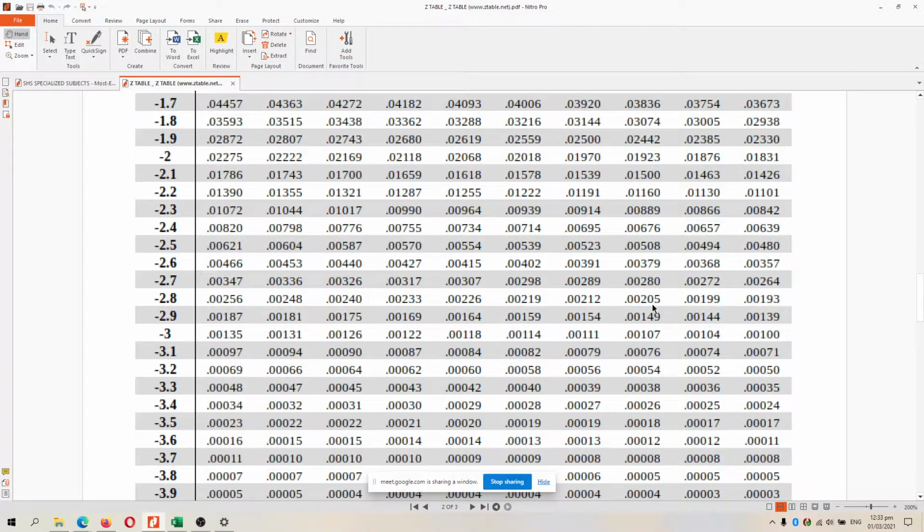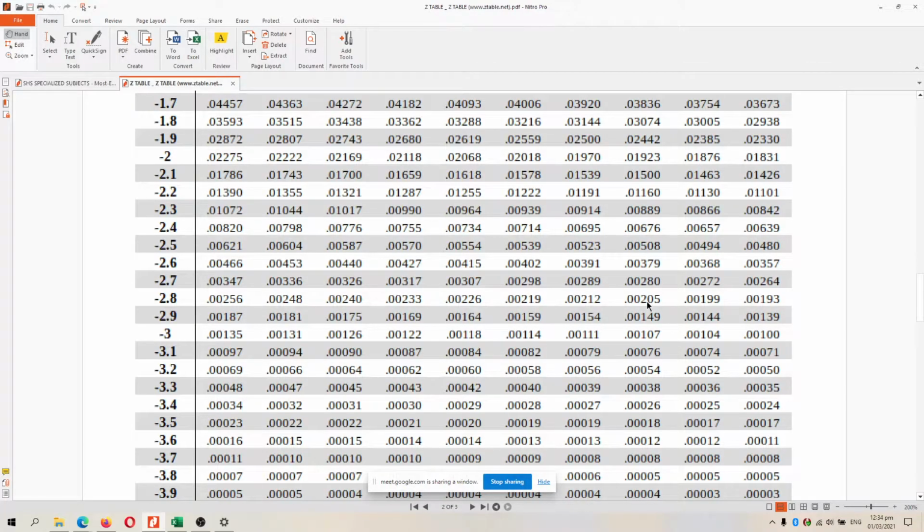We have a probability of 0.00205. So, if yan ang tinitingnan natin, yan yung ating probability. Yan. So, pwede nating i-round off yan since kukunin natin yung fourth decimal place. We have 0.0021. Okay? Clear so far.